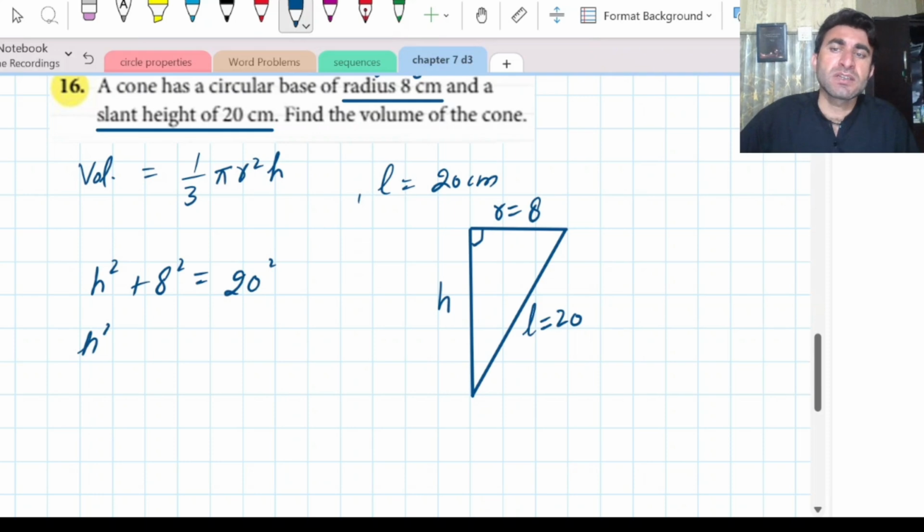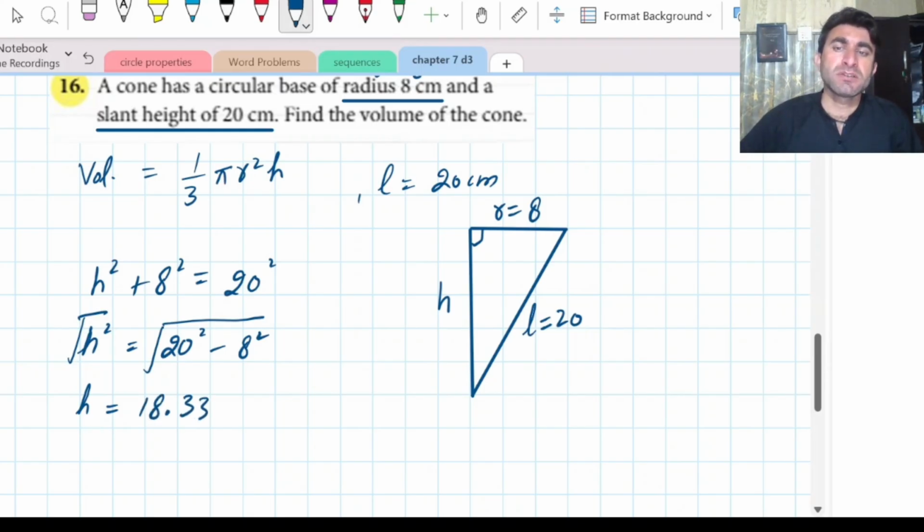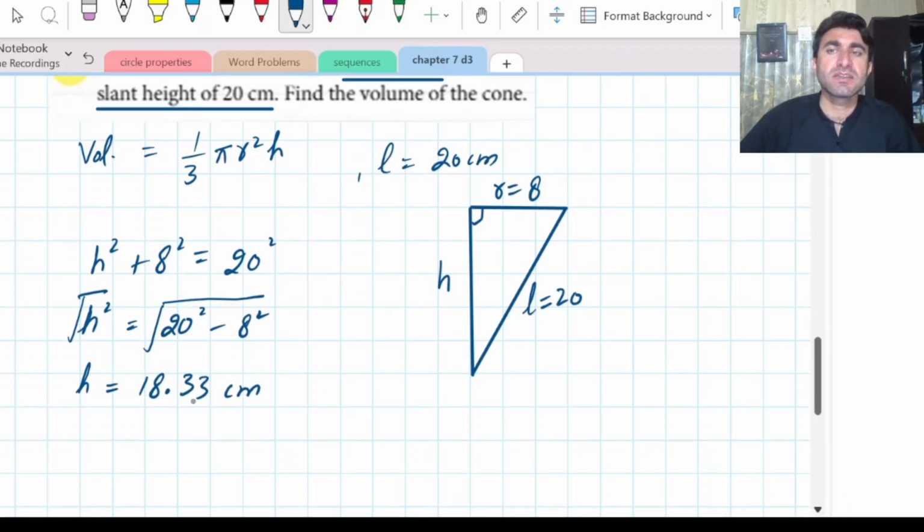So h square equals 20 square minus 8 square, and then we take the square root of both sides to find h. It becomes 18.33 centimeters. So that is the value of vertical height h.